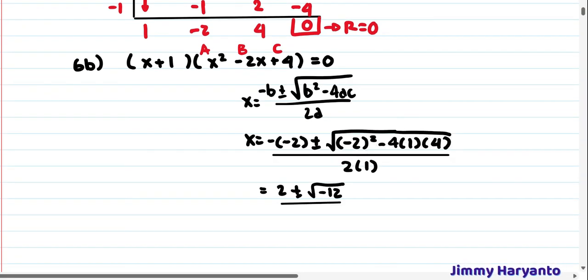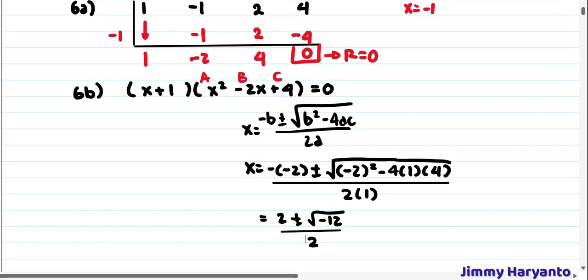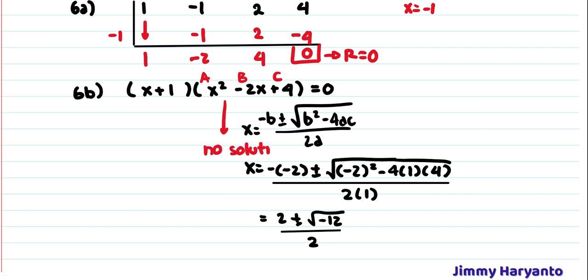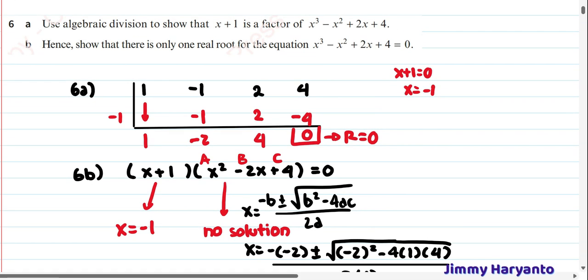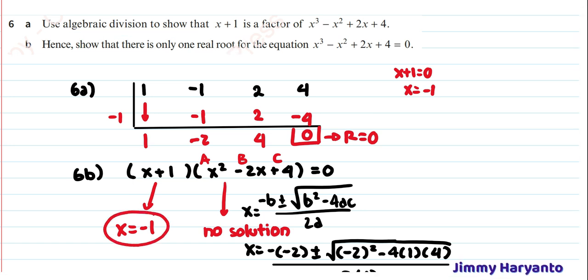Because this is negative 12, the square root of negative 12 is undefined. That also means we cannot find a solution from here. This one is no solution. That also means the only solution is negative 1. The question says show that there is only one real root. Yes, there is only one real root, which is x equals negative 1.